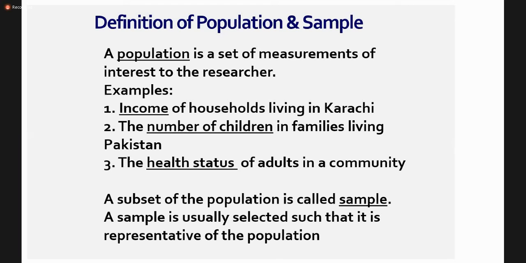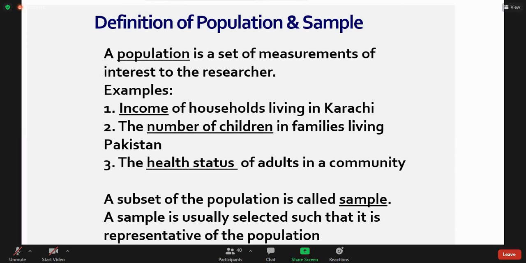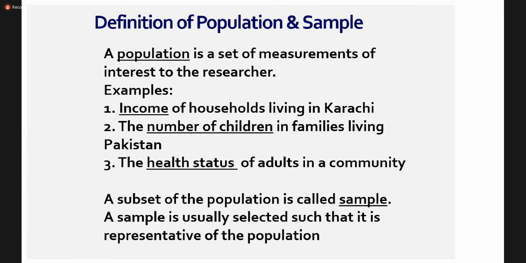It depends. Say if you have taken 100 samples from that 1000 population, now you can analyze those 100 samples and make inference on the basis of that sample, and your inference would be valid for that whole 1000 population. So a population could be income of households living in Karachi.